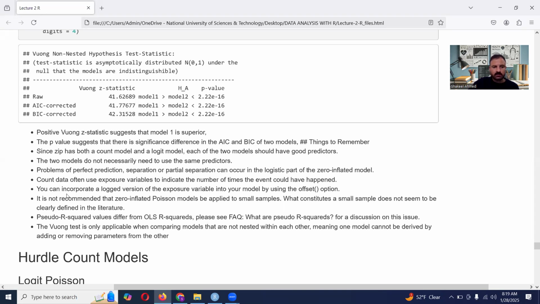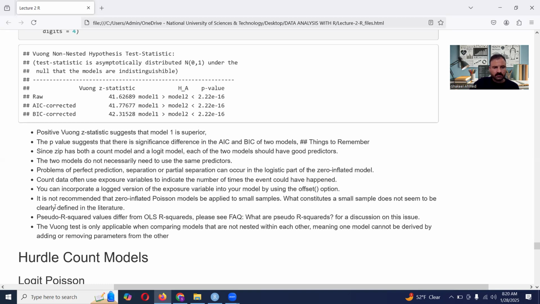And you can incorporate a logged version of the exposure variable into your model by using the offset option. You can also use the log of some exposure you include in your model. So that will give you a constant coefficient of one that we are fixing if you are setting a variable as offset.